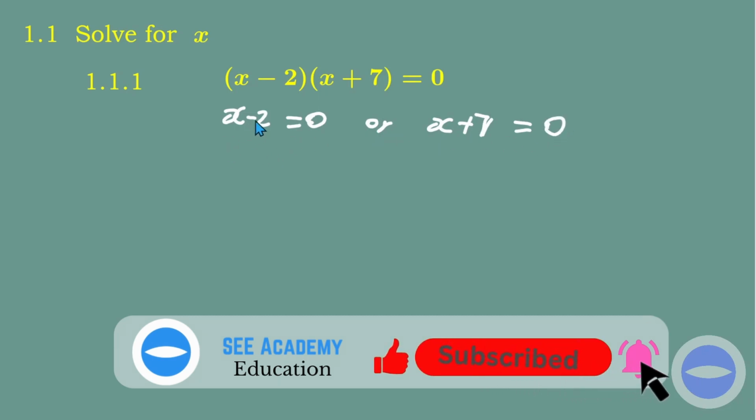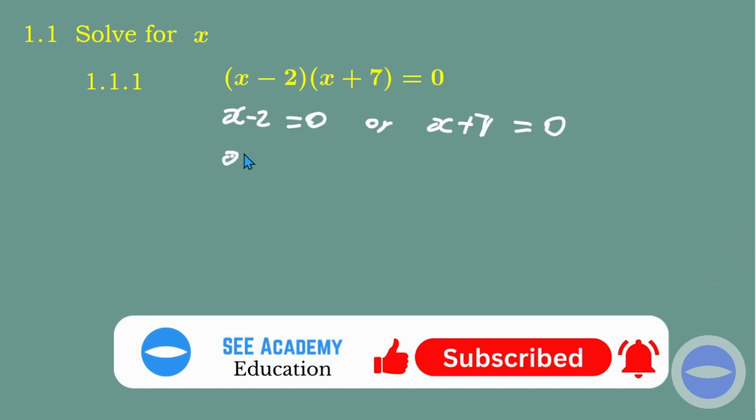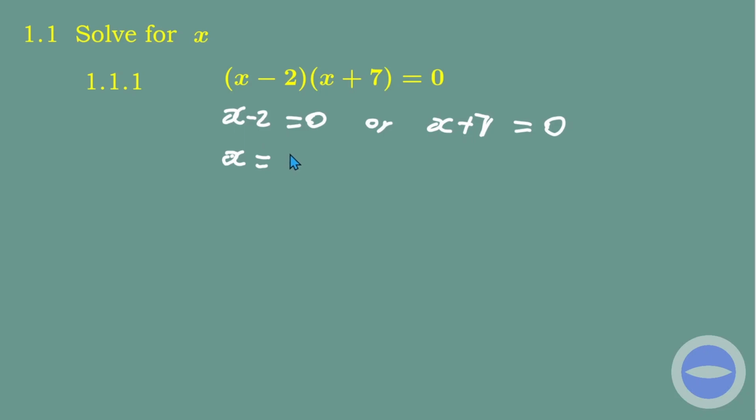Then we will move the constant to the other side. So x equals, when 2 moves to the other side, it becomes positive, so it equals 2, or x equals, when 7 moves to the other side, it becomes negative. So these are the values of x.